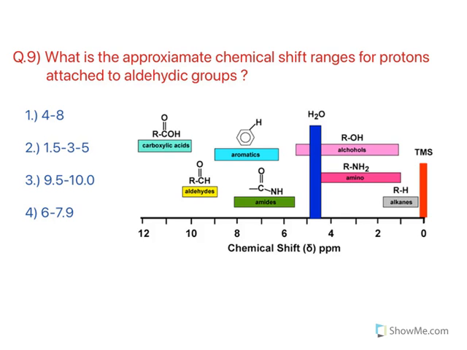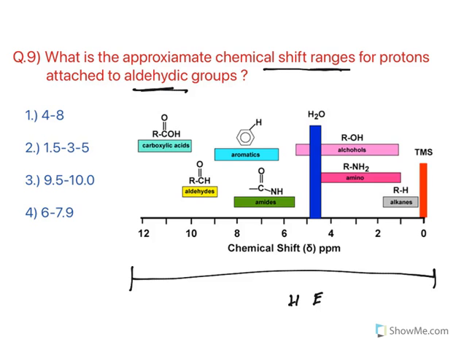Next one. What is the approximate chemical shift range for protons attached to aldehydic groups? See, this is again NMR. You need to understand the chemical shift. See, the general logic of chemical shifts is, if the proton is attached to a highly electron withdrawing group or an atom with high electronegativity, the proton signal occurs at a higher value. Now look at them. See, alkanes, the proton is attached to a carbon which has very less electronegativity, so they occur at this level.